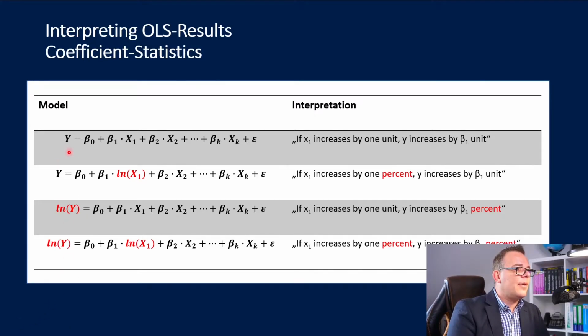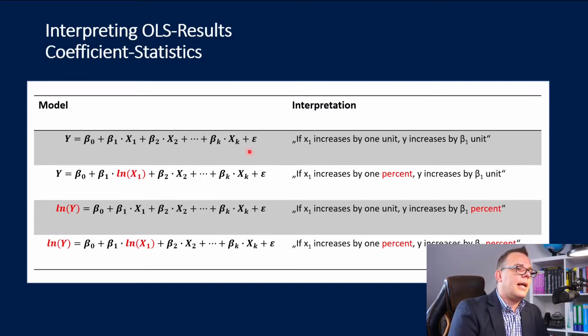I have the typical regression model here, where epsilon is defined by beta 0, that's the constant, or alpha, however you like to call it, then beta 1 times x1, so here we have the coefficient for x1, the coefficient for x2, and so on and so forth. I left away all the individual indices here to make it a bit easier to read.